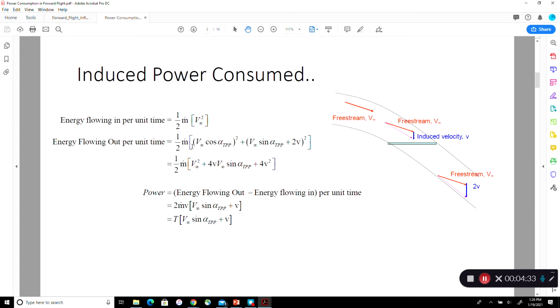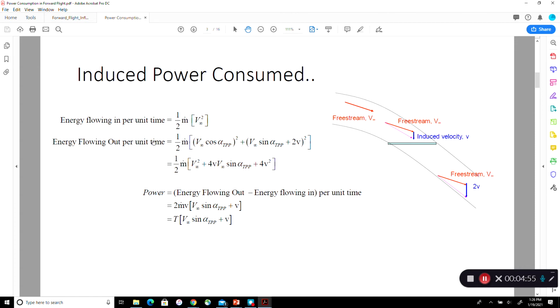So the energy flowing out is 1/2 times the mass flow rate times this square. If you do the algebra and expand this, cosine squared plus sine squared of alpha tip path plane is 1, and we get these terms.